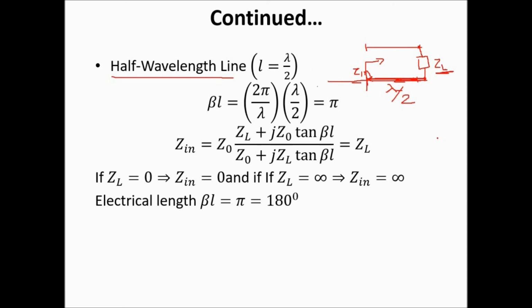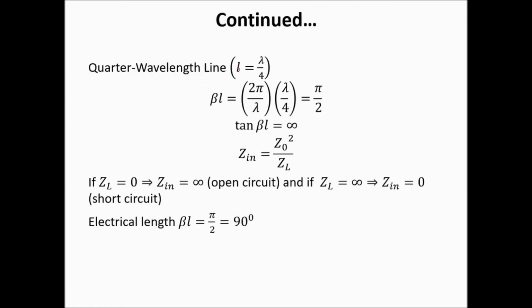It goes like this, and then it becomes ZL again. If you plot these, you can see that the impedance is changing periodically.